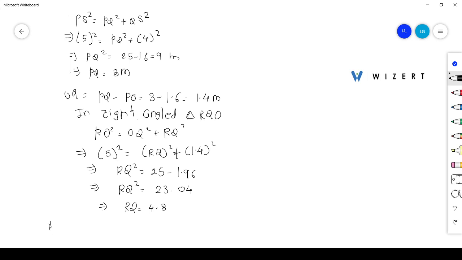Now RS equals RQ minus SQ, so it is 4.8 minus 4, which is 0.8.